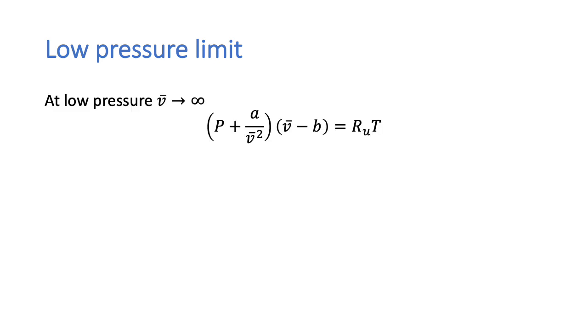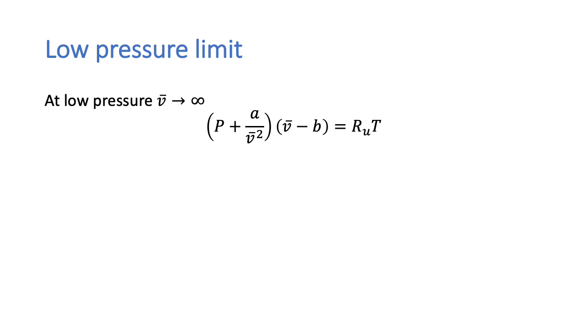Let's see how the van der Waals equation behaves as we go to the limits of either very low pressure or very high pressure. At low pressure, the volume is going to become very large, so we'll say V bar tends to infinity.